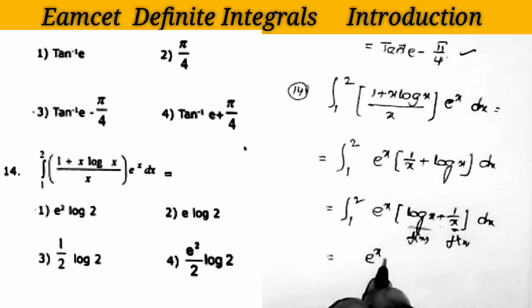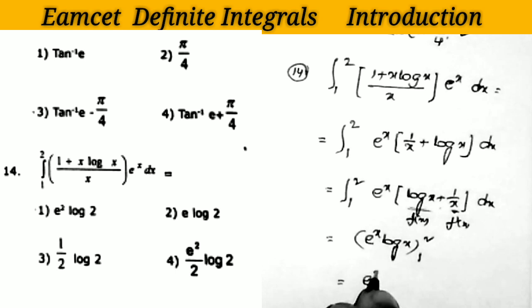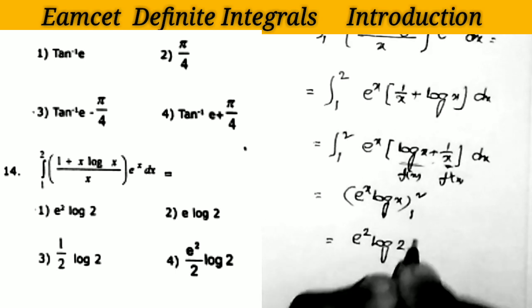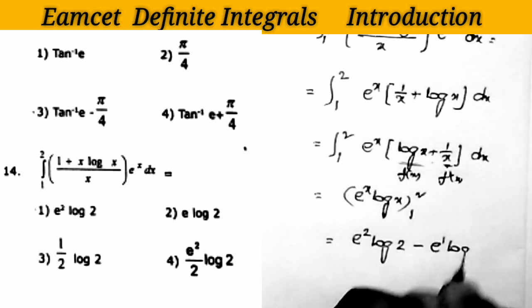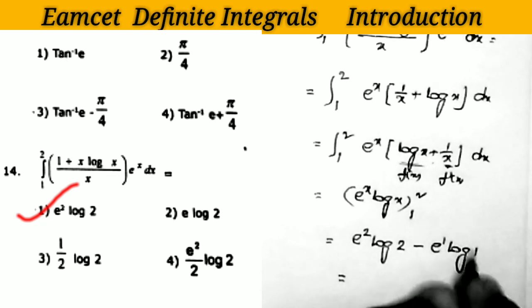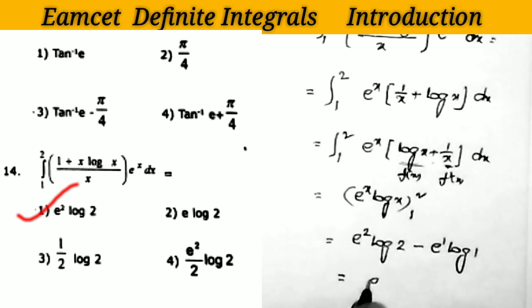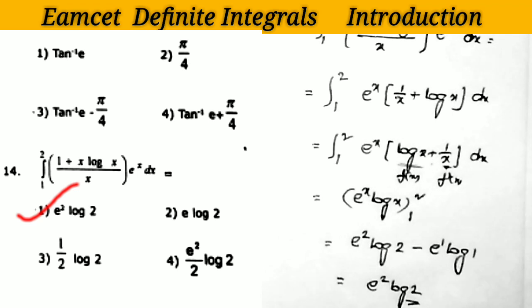Now what is the answer? E power x into f of x, that is e power x into log x, where the limits are 1 to 2. Now replacing the limits values, e square into log 2 minus e power 1 into log 1. But log 1 is equal to 0 here. So the answer is e square into log 2, and that is the first option. That's all.